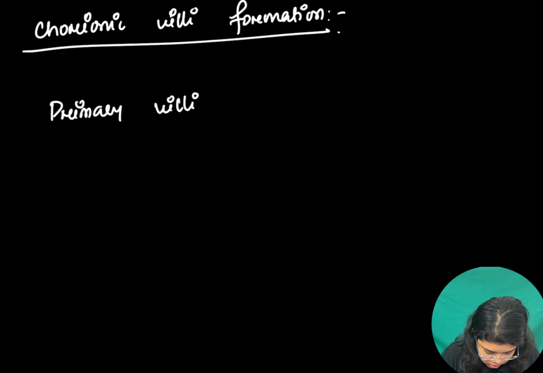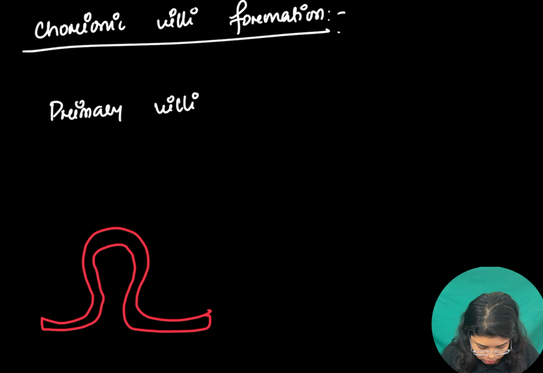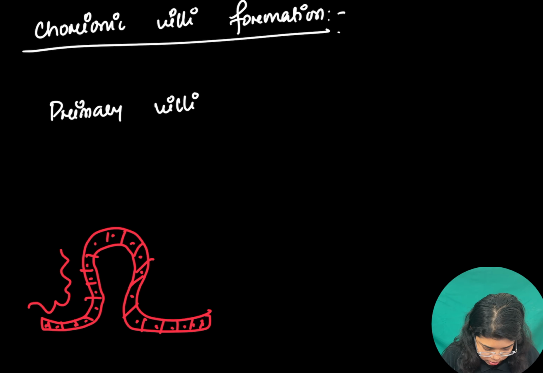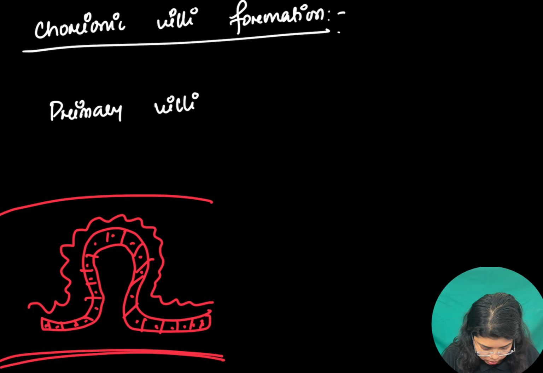Let this one be the cytotrophoblast, which I told you will invaginate. This is the cellular cytotrophoblast layer, and this is the acellular syncytiotrophoblast part. This is the fetal surface and this is the maternal surface.